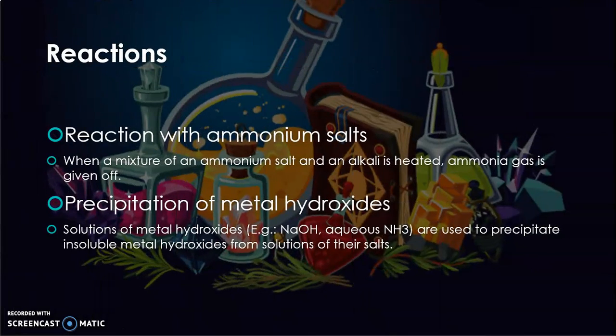Now, reactions of alkalis, or basic reactions. Reactions with ammonium salts: when a mixture of an ammonium salt and an alkali is heated, ammonia gas is given off. This is very important in the exam because they usually ask, when a base is added to fertilizer, why does the nitrogen content decrease?